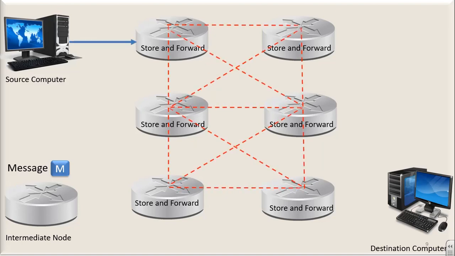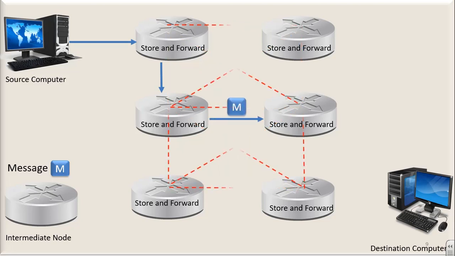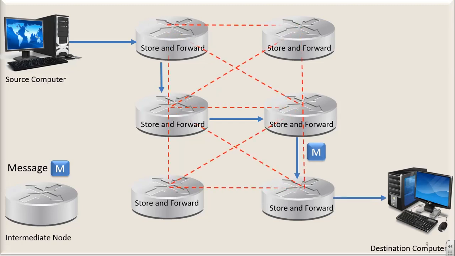From the source computer, a message goes to the first store and forward facility. It moves to the second one. Message goes to the third one. The third one stores it for some time and then it gives it to the next one. The message moves on to the next store and forward facility, and after that it goes to the destination computer.